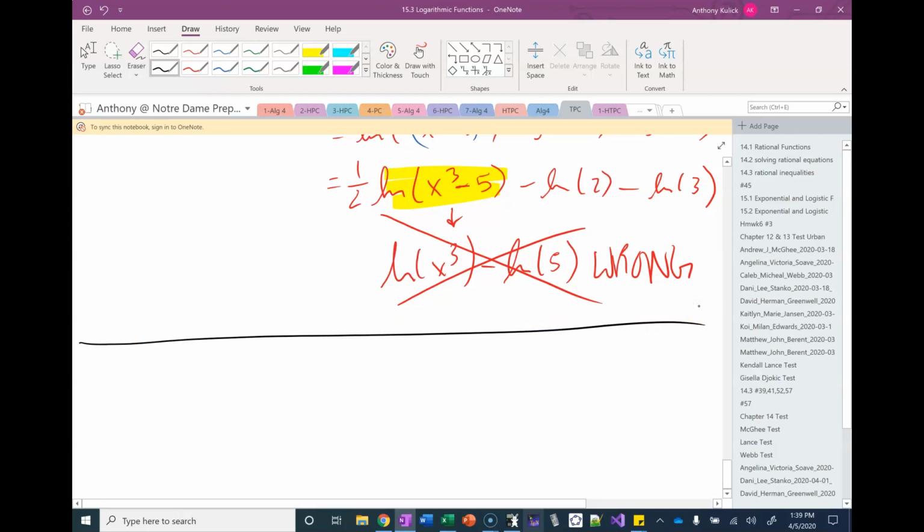Okay, so that's some examples of expanding problems. Let's now look at some condensing problems.